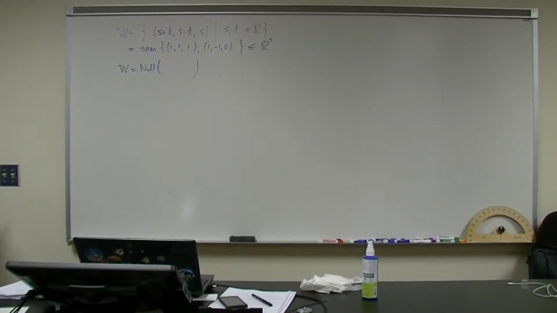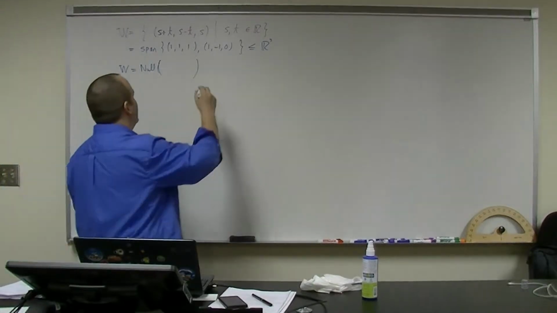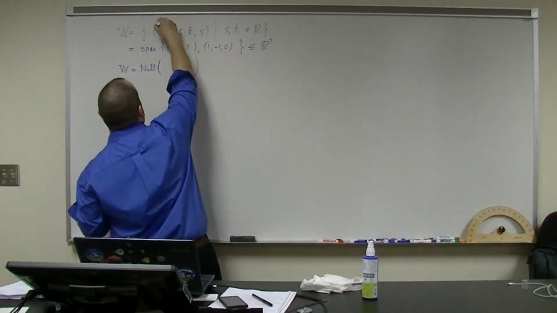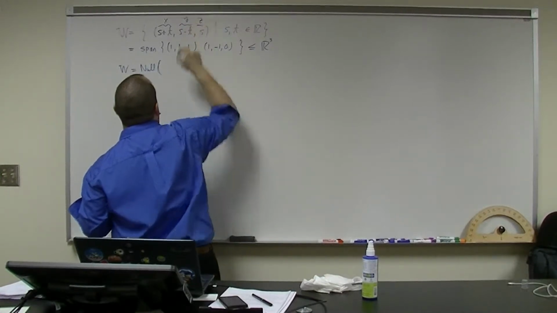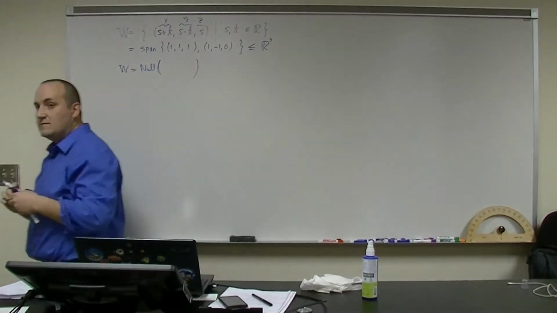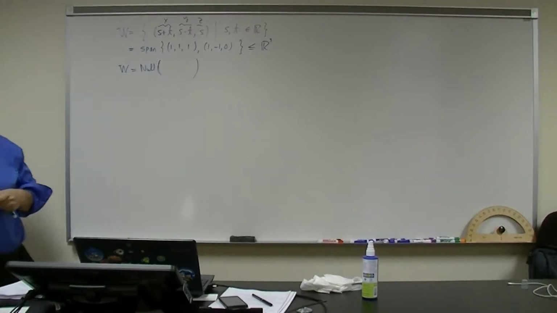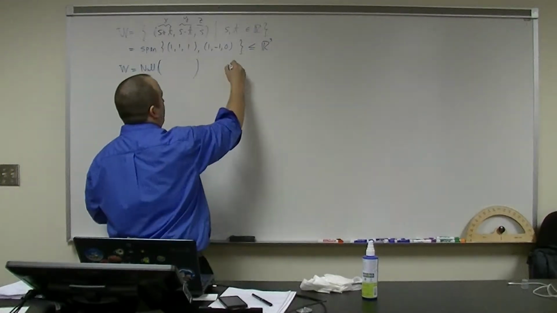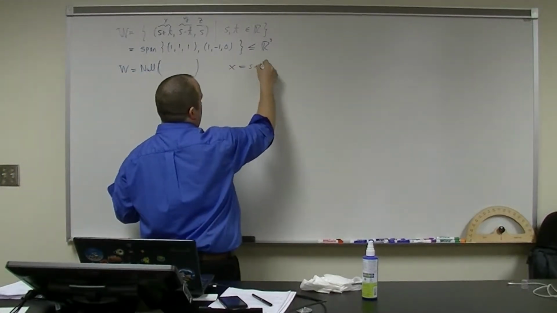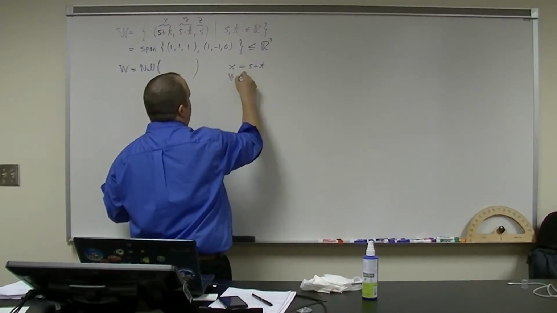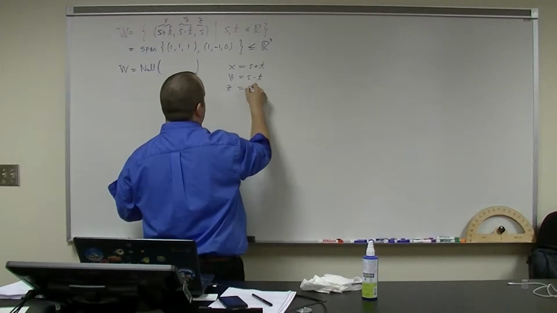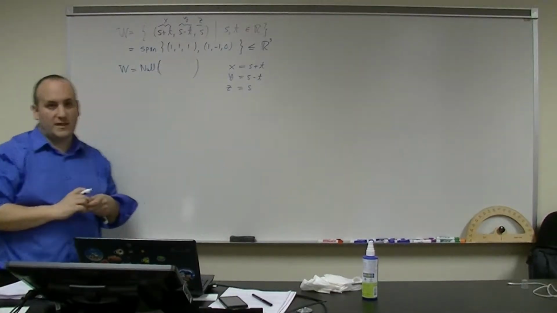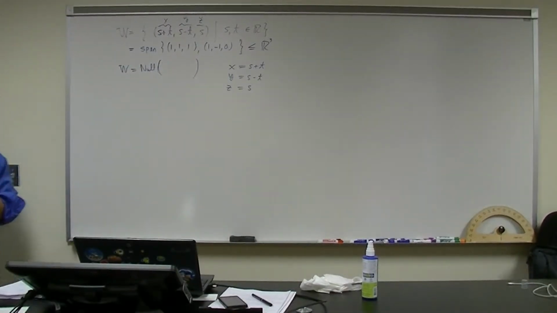Here's the way I would attack it. I would say this is X, this is Y, this is Z, and I want to eliminate the parameters S and T. That's how I'd look at it from a Calc 3 perspective, right? X is equal to S plus T, y is equal to S minus T, z is equal to S. How do you eliminate the parameters?